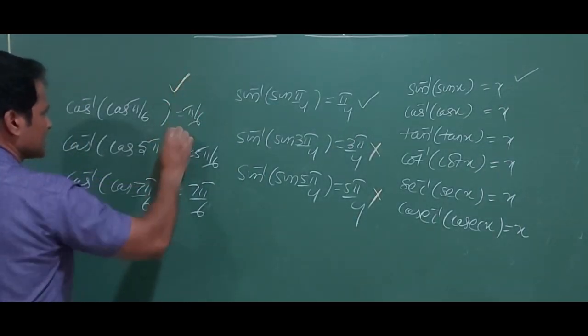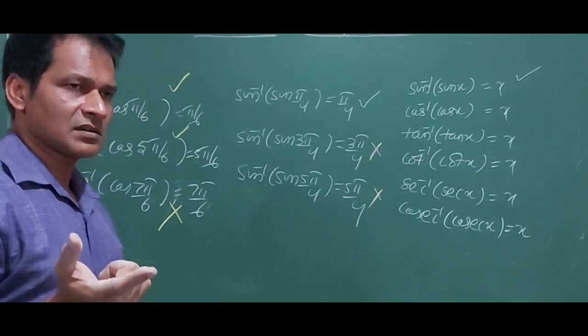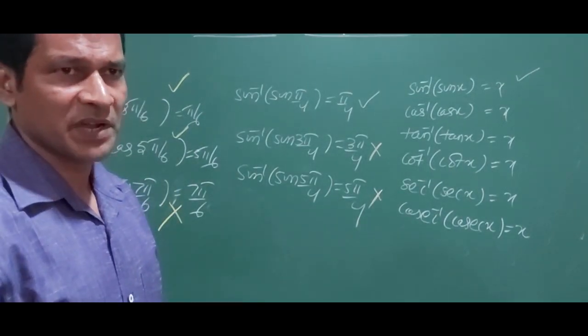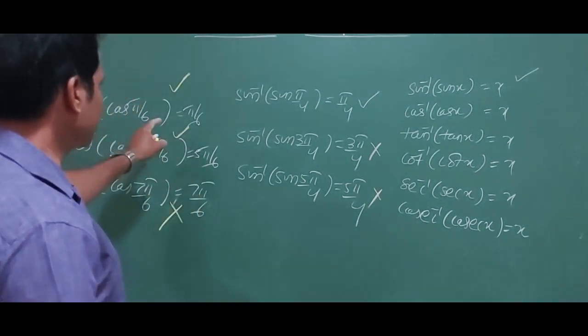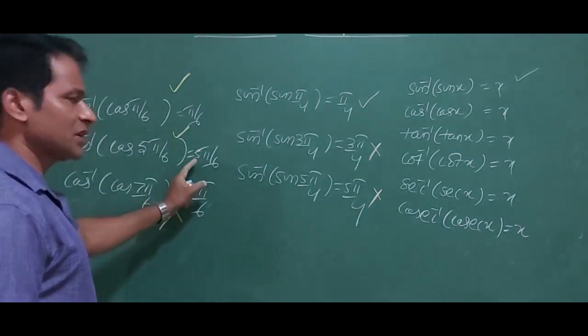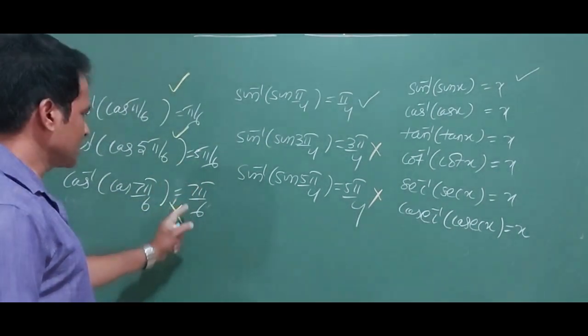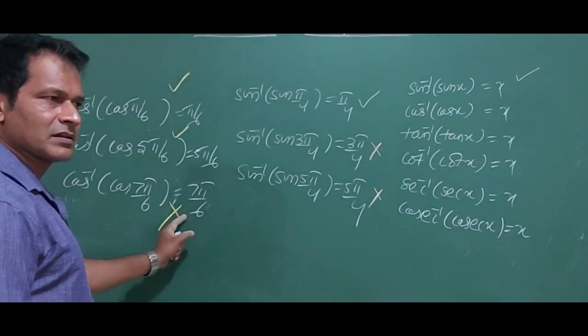According to this, I will say the first is correct, the second is correct, and the third is wrong. Again, why? The range of cos inverse is 0 to pi. Pi by 6 lies between 0 and pi. 5 pi by 6 means 150 degrees, also between 0 and pi. But 7 pi by 6 is beyond 0 to pi.